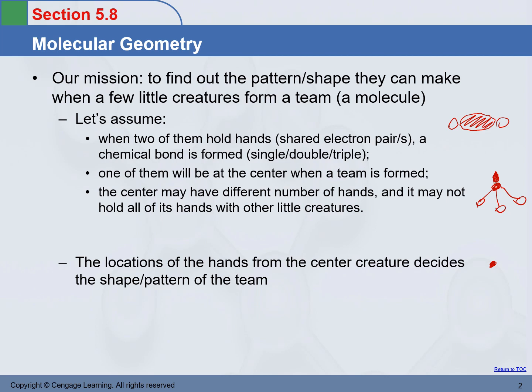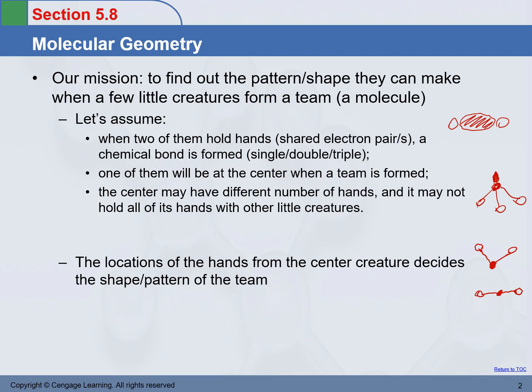Remember, the other two little creatures can only get connected with the center through holding hands. So if the center gave its two hands like this, then the two other creatures can only come from this direction. If the center gave its hands to the two other creatures like this, then the other two creatures can only hold hands with it from this direction.